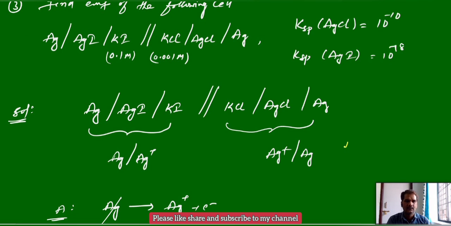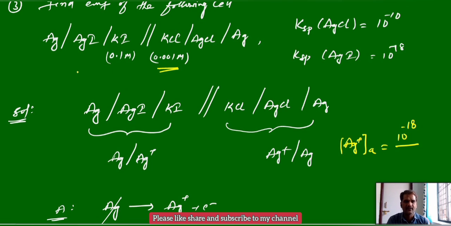Now, Ag plus concentration of anode according to the solubility product: KSP of AgCl equals Ag plus into Cl minus, so Ag plus is KSP of AgCl, that is 10 power minus 10, by Cl minus concentration. What is the Cl minus concentration here? This is the anode, this is potassium iodide. We have to take this 10 power minus 18.